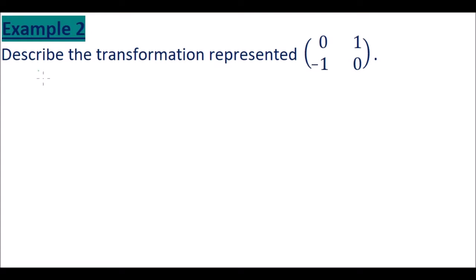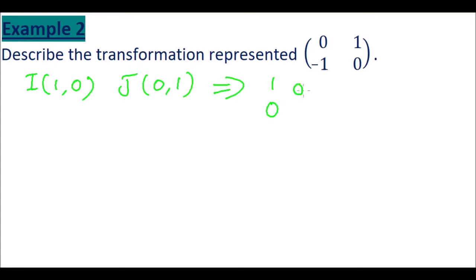Now, we have learned that the coordinates of I are 1, 0, and the coordinates of j are 0, 1. They form an identity matrix, which is 1, 0, 0, 1. So we are going to use the unit square to help us identify the transformation represented by this matrix.